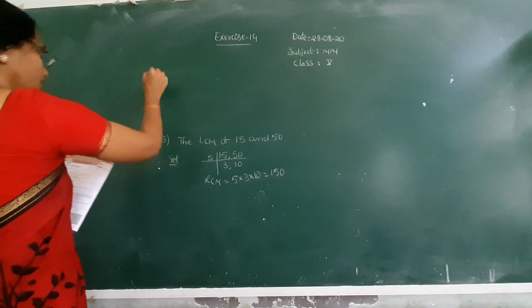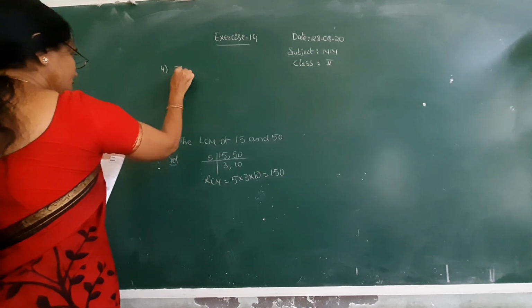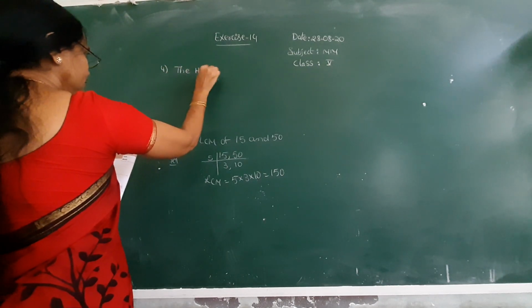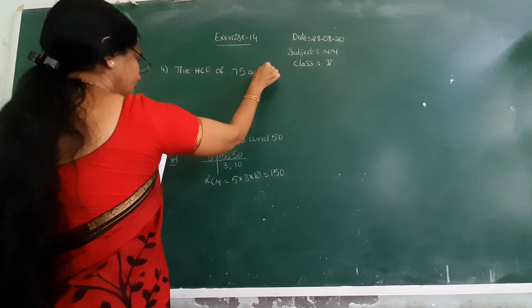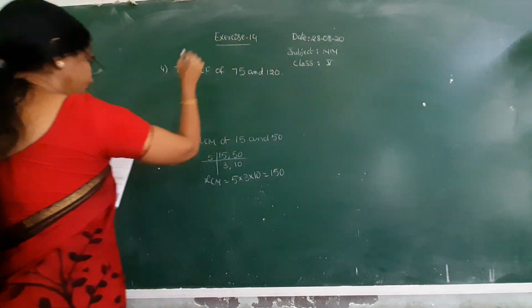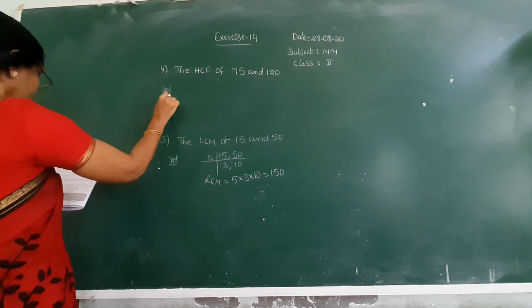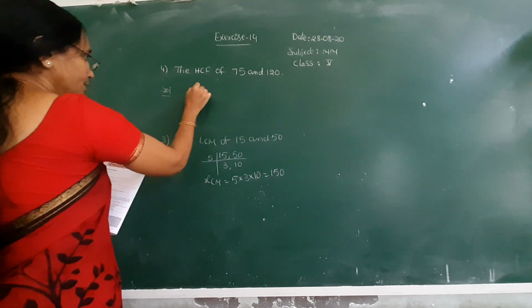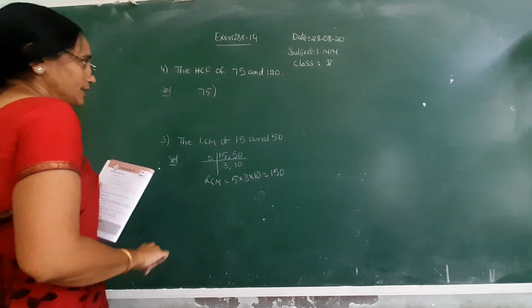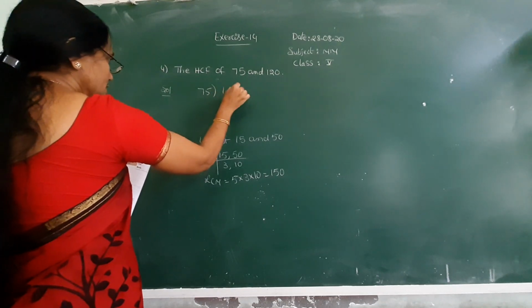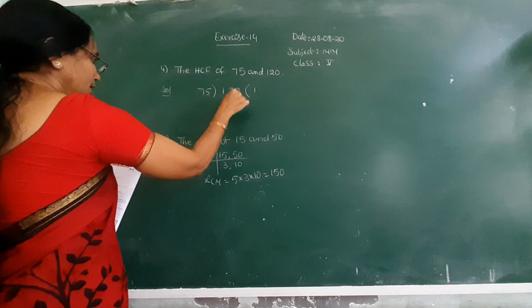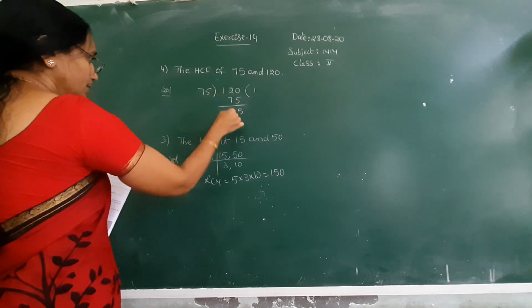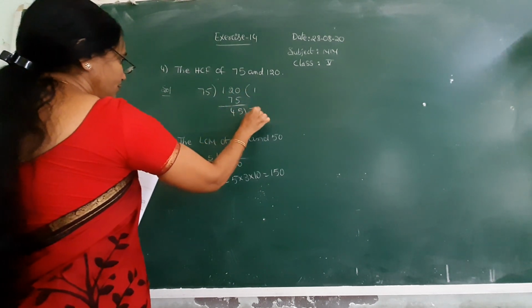See the fourth problem. The HCF of 75 and 120. See, 75 you have to select as divisor and 120 as dividend. 1 seven is 7, 1 five is 5. 10 minus 5 is 5. 11 minus 7 is 4. 45.